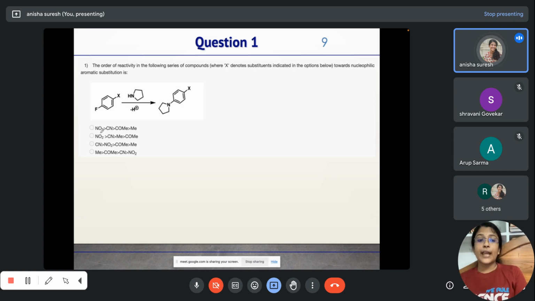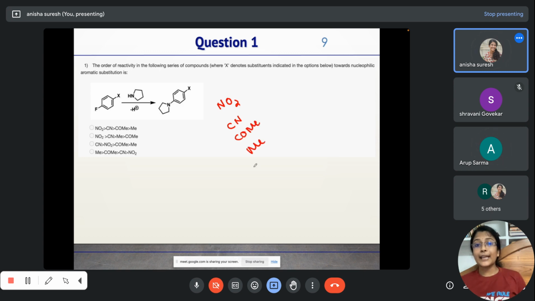So here, what should be the X so that the intermediate will be more stable? In case of NO2, CN, COMe, and Me, which will give the more stable intermediate by stabilizing the negative charge? That will be the one having higher electron withdrawing ability. Out of these four, which will be highly electron withdrawing in nature?